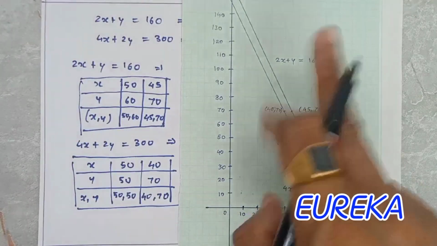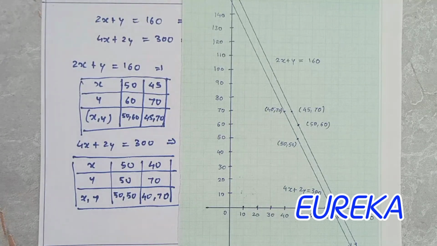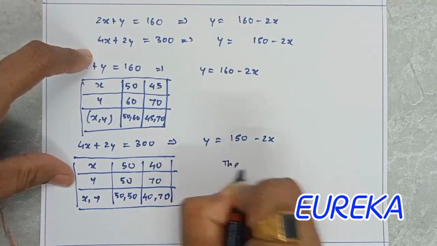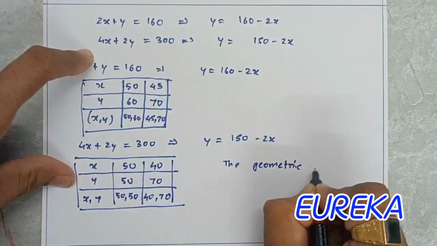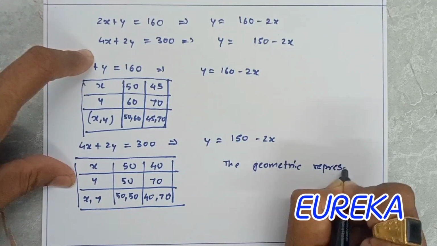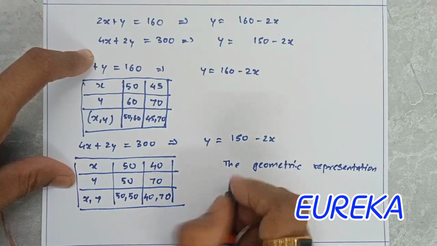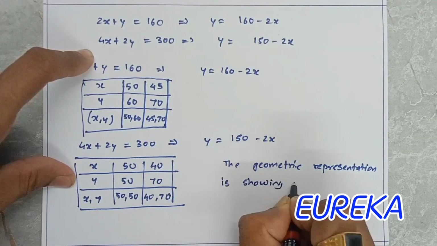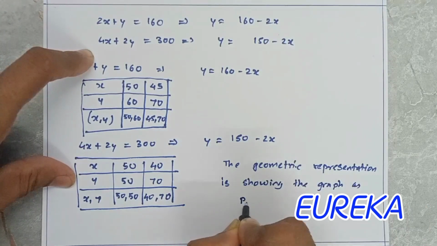So the two equations are showing a parallel line graph, which means there will be no solution. So the geometric representation is showing the graph as parallel lines.